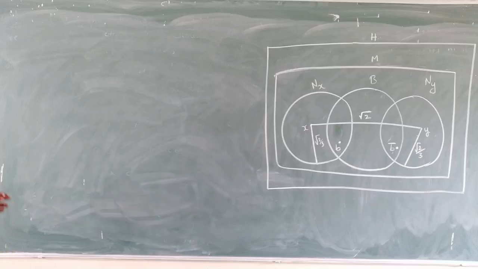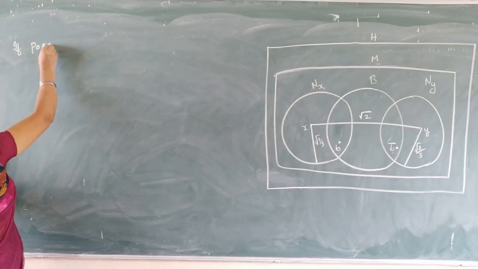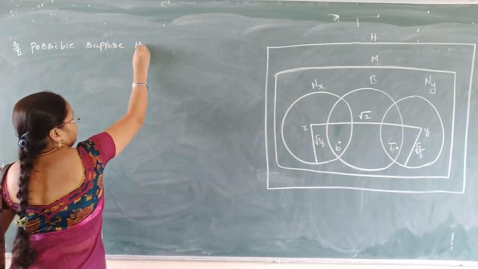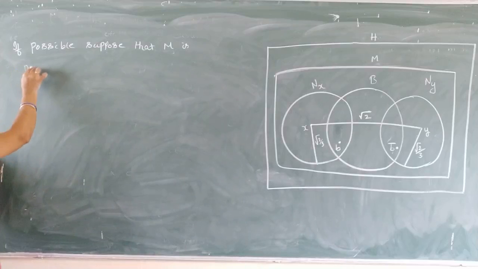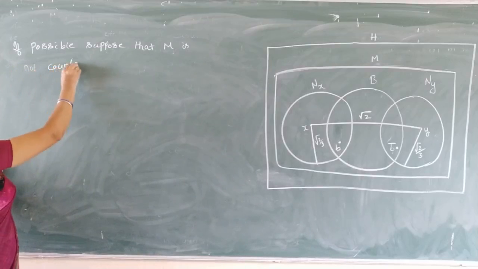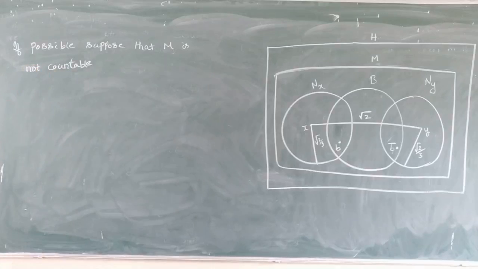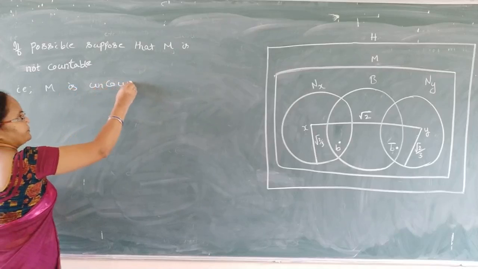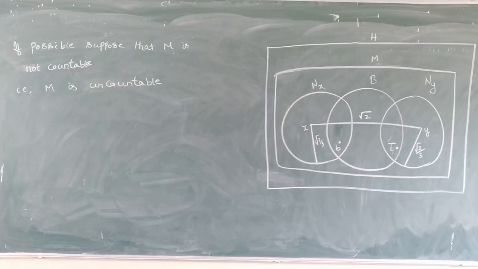If possible, suppose that M is not countable. Not countable means to say M is uncountable. Uncountable means to say it has many elements.